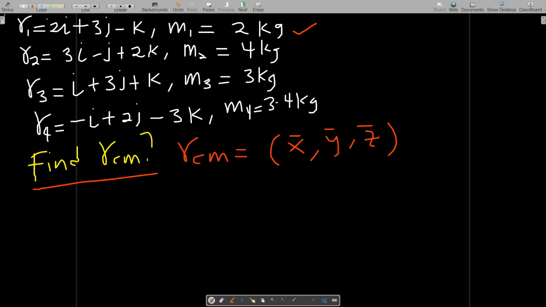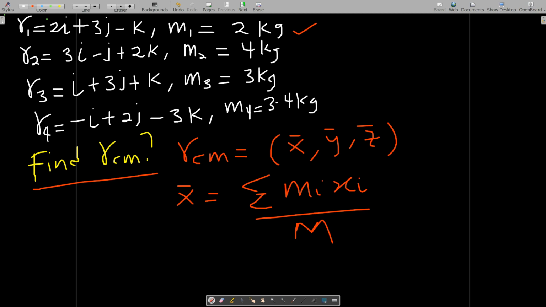Our x bar is equal to the summation of mi times xi, all over the summation of m, which is the total mass, where i will be 1, 2, 3 and the rest.